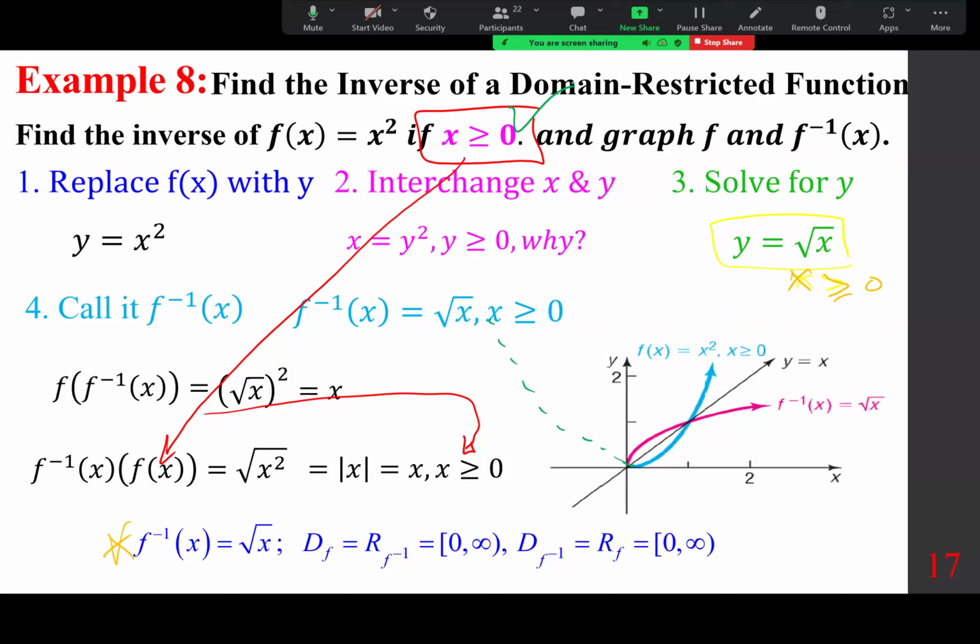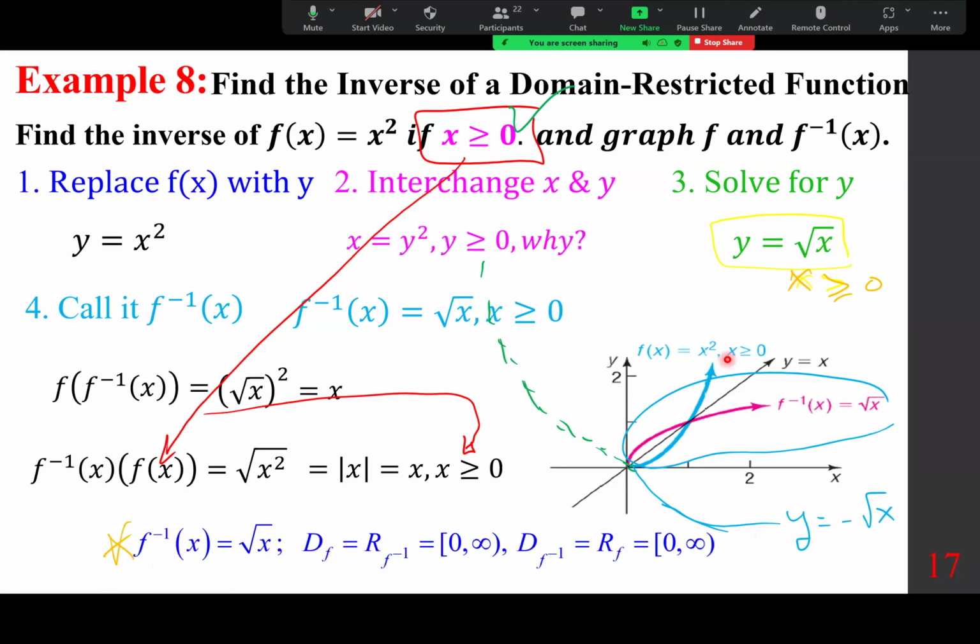However, if you look at this portion of it, okay, this one, if you flip it over, then this and this would be inverse functions, okay?